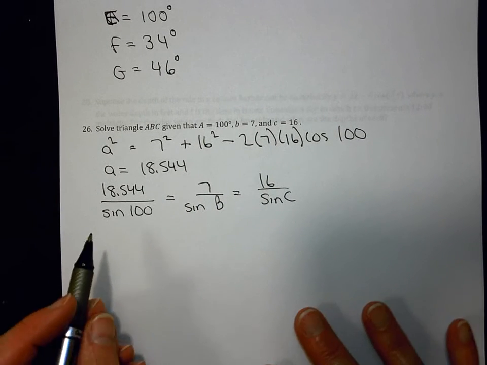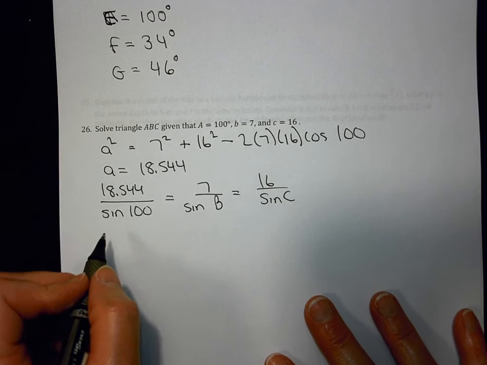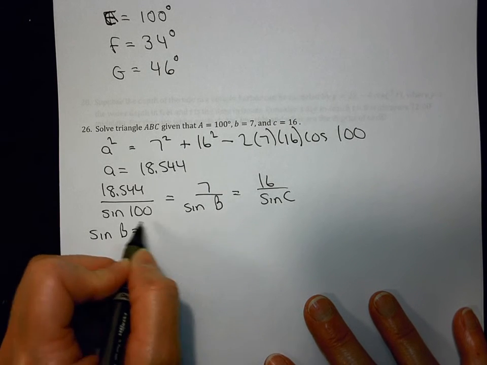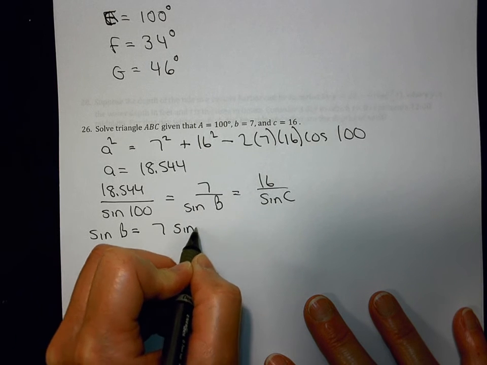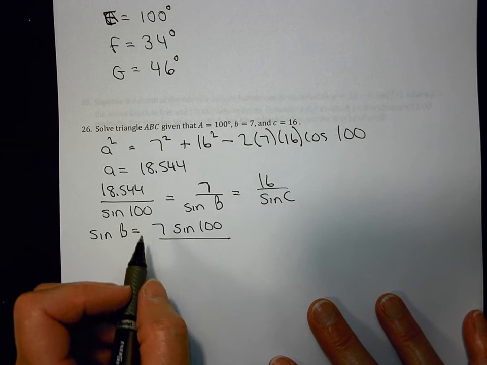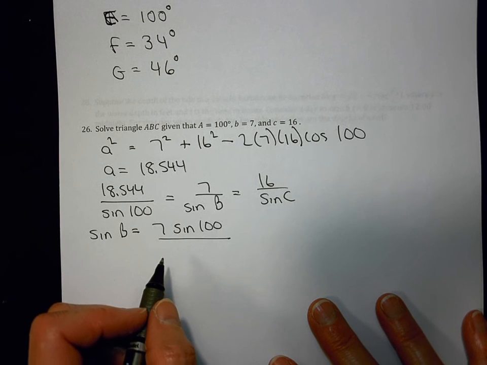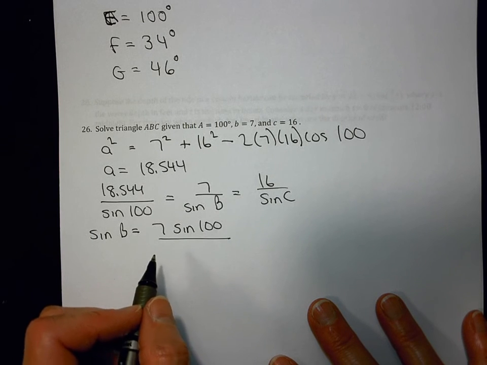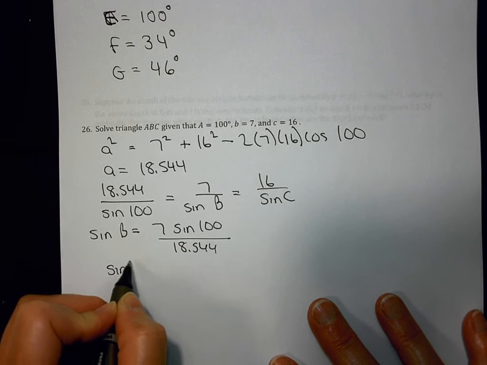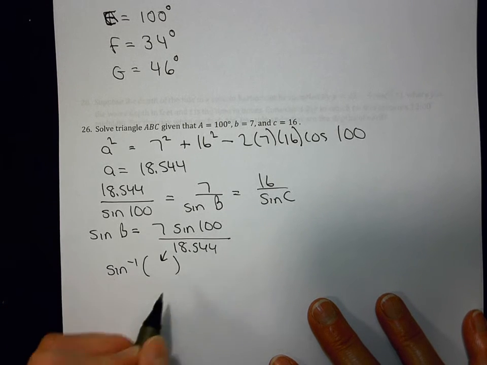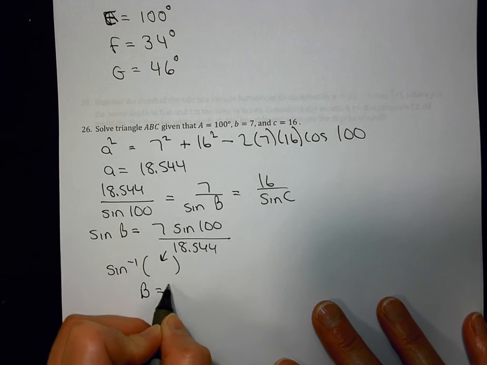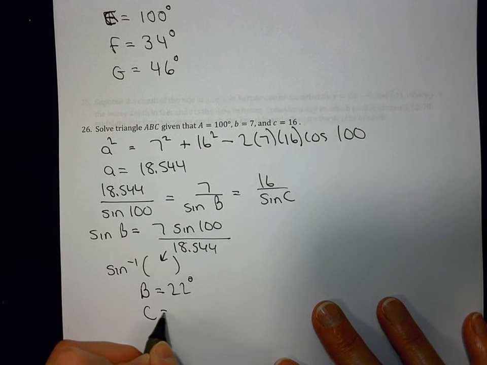If we solve that part out, we're going to say sine of B is equal to 7 times the sine of 100 divided by 18.544. So again, don't forget you're using your inverse button. So angle B is going to be 22, and then C is going to be 58.